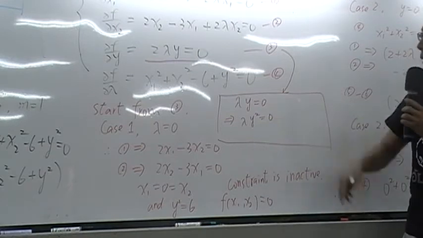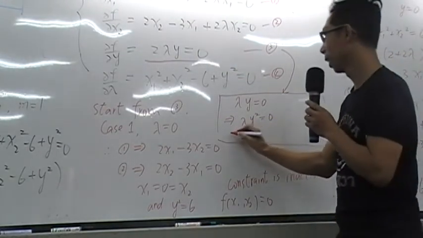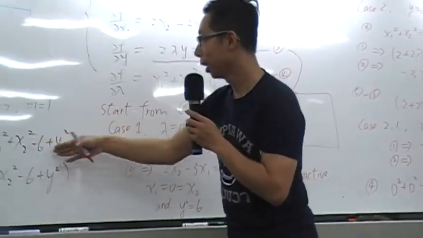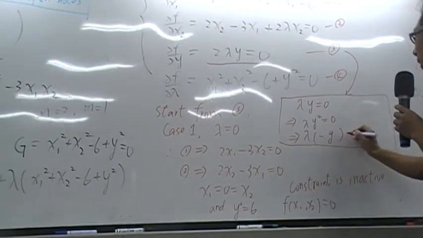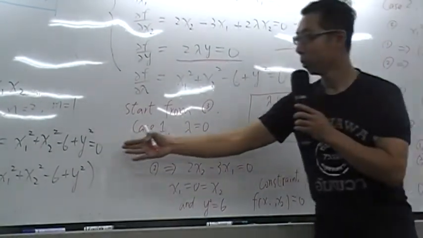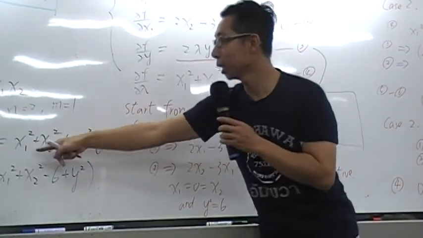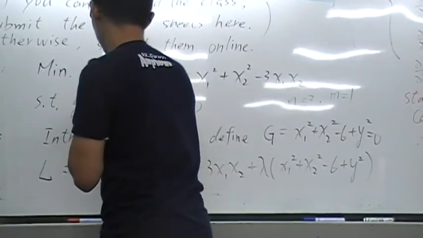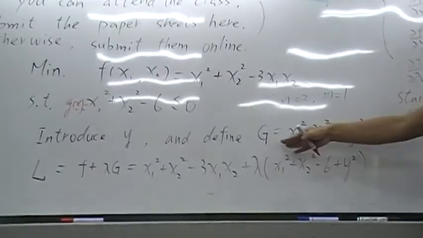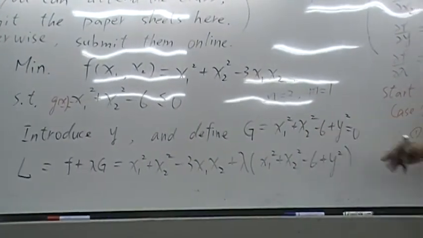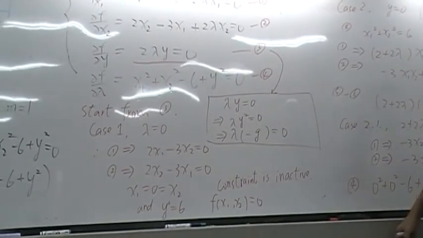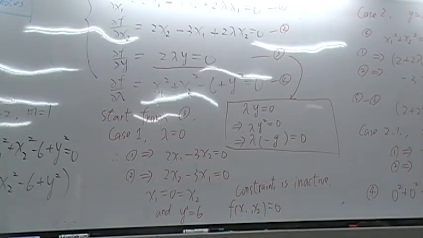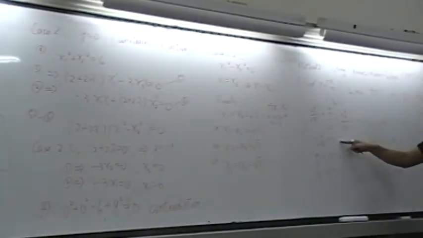And what is y squared? Y squared is just negative small g, right? OK, 可以看出来吗？y 平方其实就是负的小 g. Capital G is that. So y squared is just negative lowercase g. So that's the same thing. So lambda g equals 0 is equivalent to that.